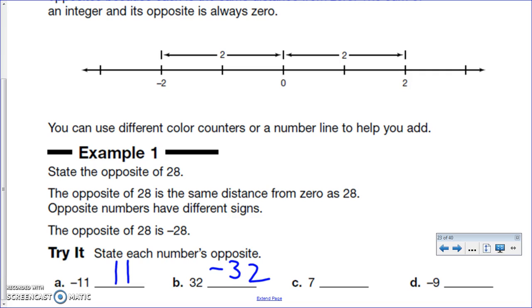Then for C, we have 7, so we're on the positive side, so its opposite is -7. Finally, for D, we have -9, so its opposite is 9.